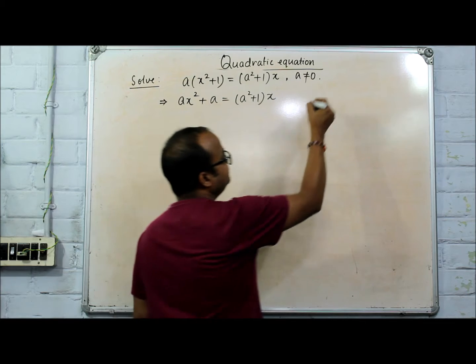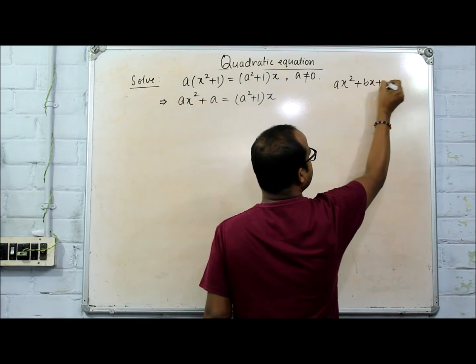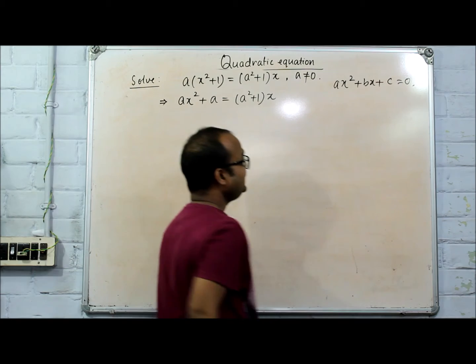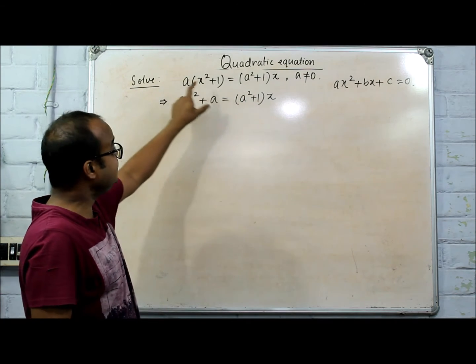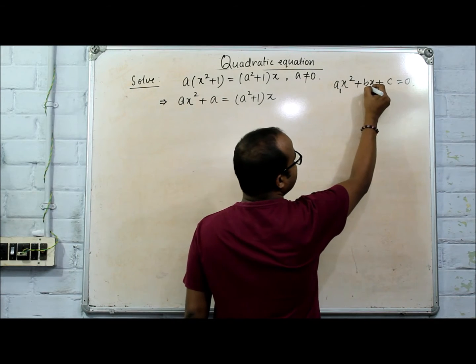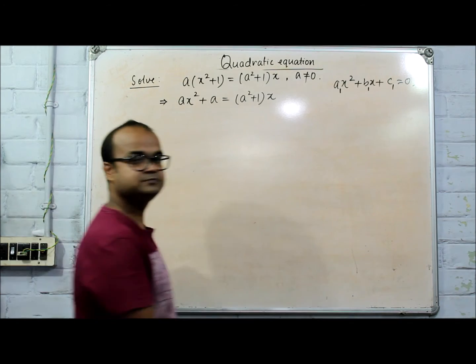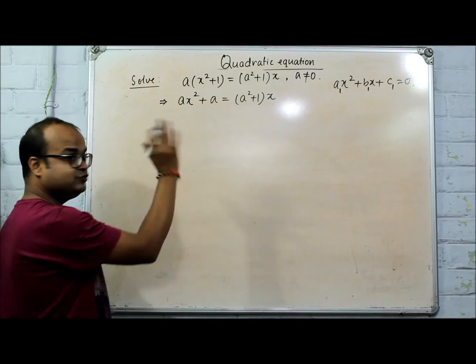The standard form is ax square plus bx plus c is equal to 0. Now in the question a is used, so better we change our notation to a1x square plus b1x plus c1 is equal to 0. Clear? We will not use the same notation.